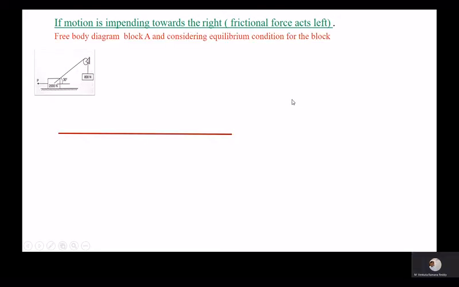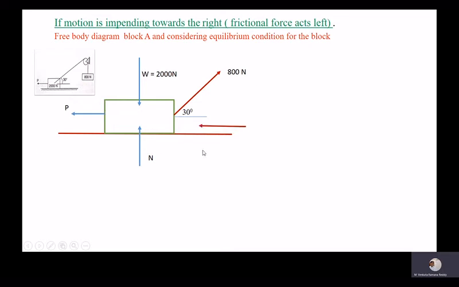The block weight acts down, the normal reaction is perpendicular to the surface, and T is the tension in the cord making an angle of 30 degrees to the horizontal, and P acts towards left parallel to the horizontal plane. As the block tends to move towards right, the frictional force acts left.